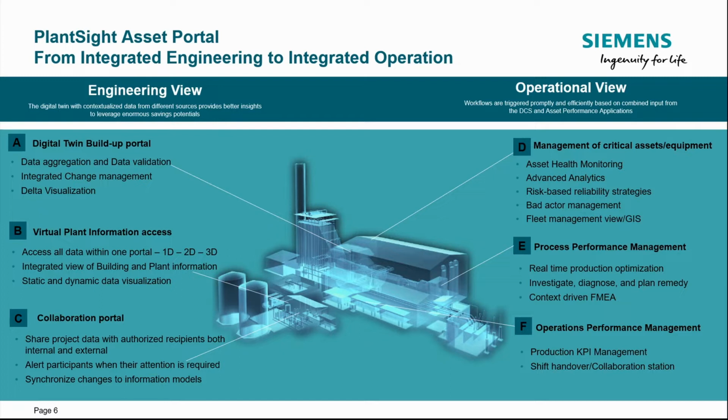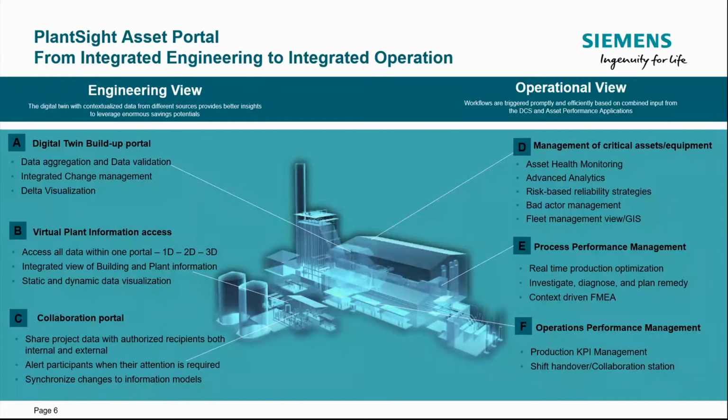As this is a collaboration portal, the participants can share data, can get alerts, and all information will always be synchronized. Moving to the right-hand side, in the operational view, we combine input from different applications. We can manage critical assets, and we can also find bad actors. We are going to see some examples during the live demonstration.